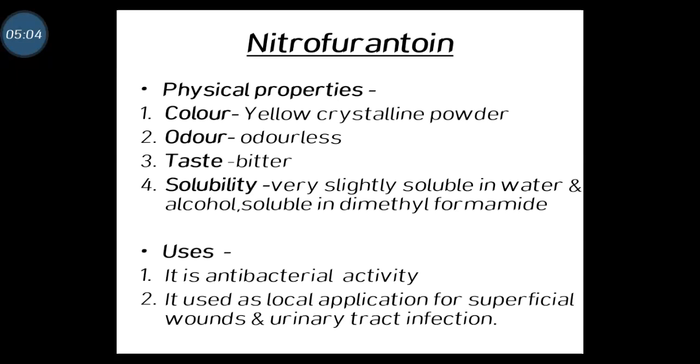Now, what are the uses of nitrofurantoin? First, it has antibacterial activity. Yes, nitrofurantoin kills or inhibits bacteria. So an important use is antibacterial activity. The next important use is that it is used as a local application for superficial wounds and urinary tract infections.